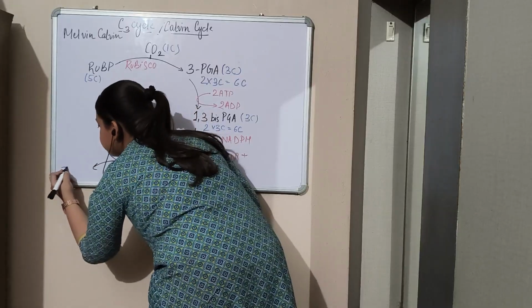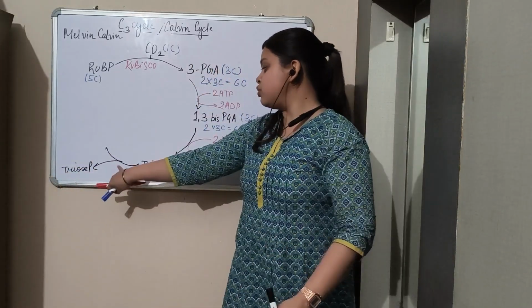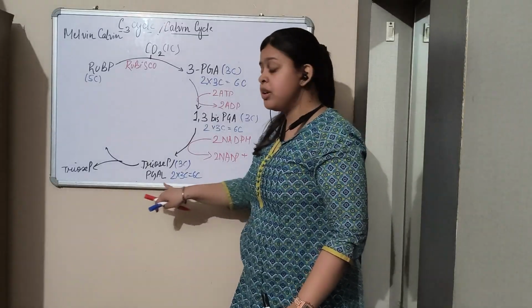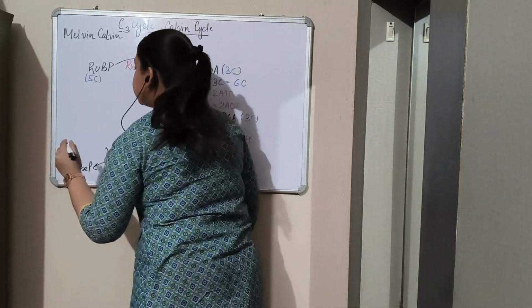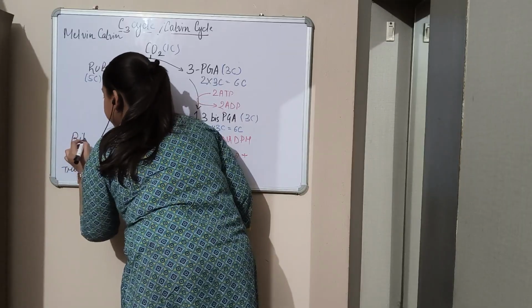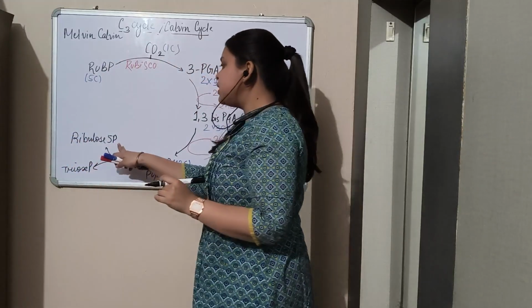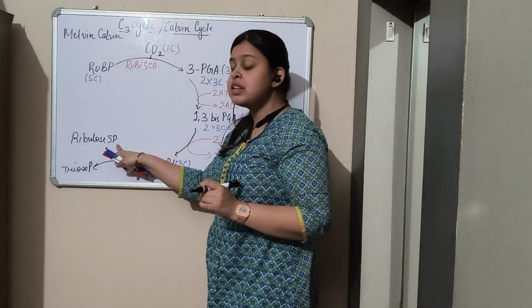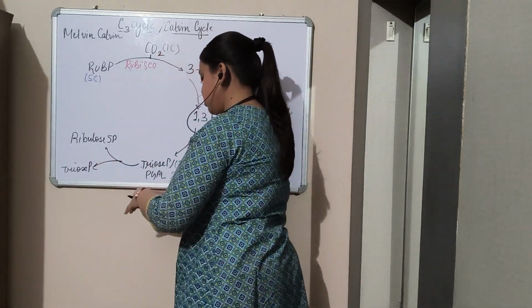One of the triose phosphate molecules will be released from this reaction. So now here we had 6 carbon, we lost 1 carbon, so we are left with a 5 carbon molecule, that is ribulose phosphate. Ribulose 5-phosphate, which means that phosphate is present at the 5th position of this ribose molecule.